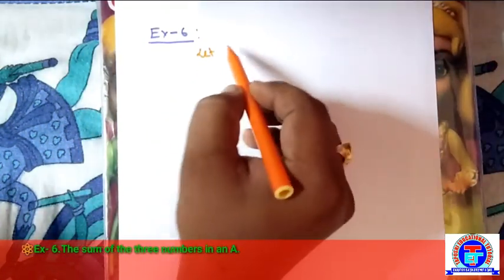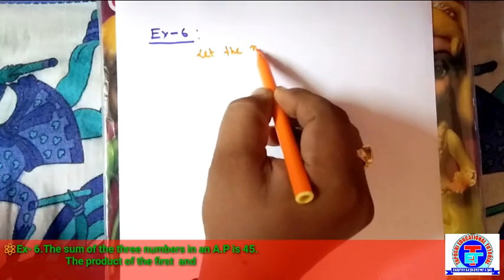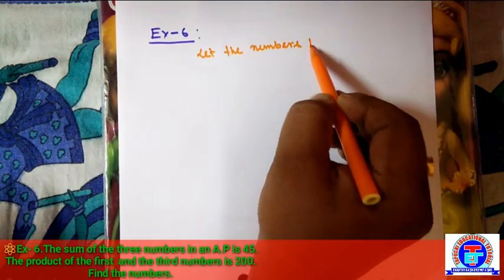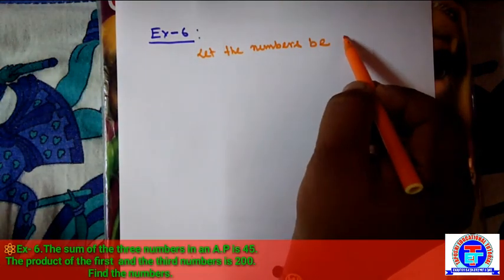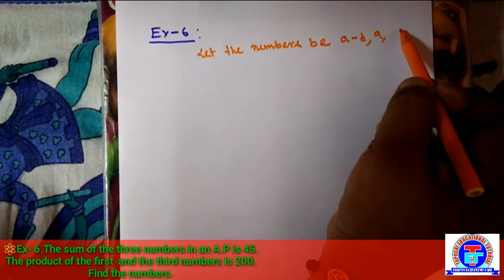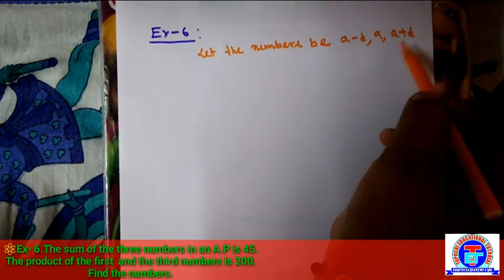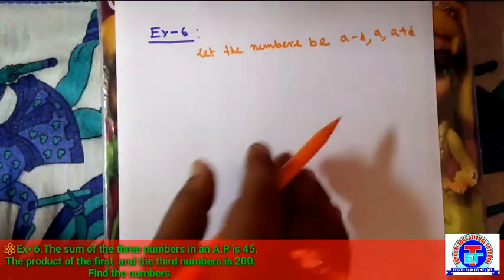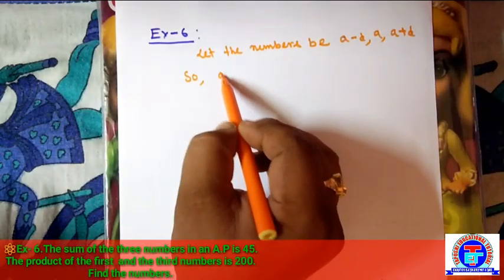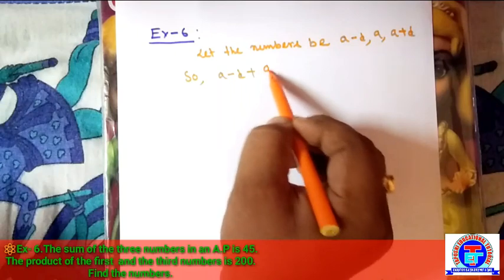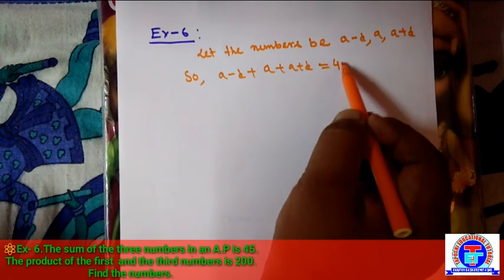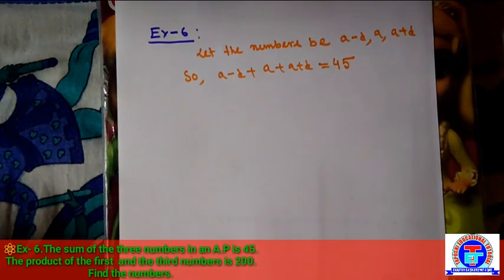Let the numbers be A minus D, A and A plus D. Okay, so we can write A minus D plus A plus A plus D is equal to 45, right?